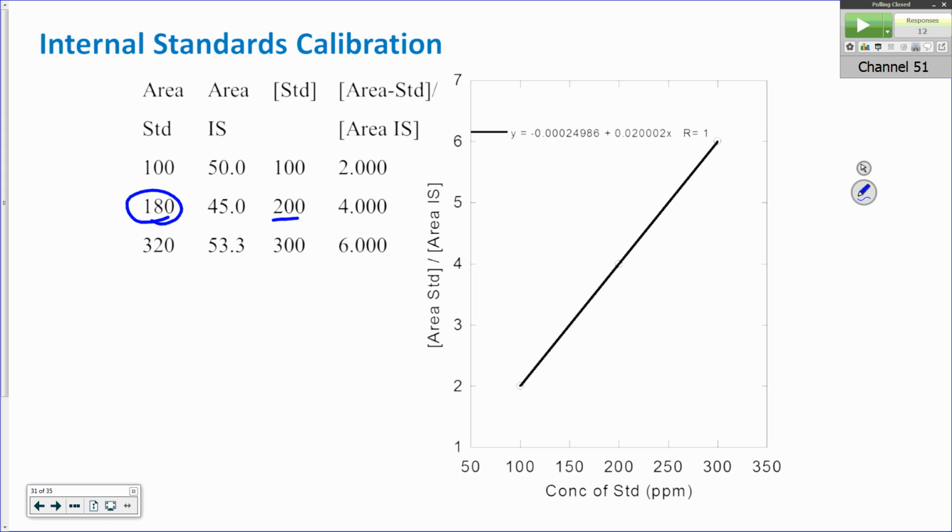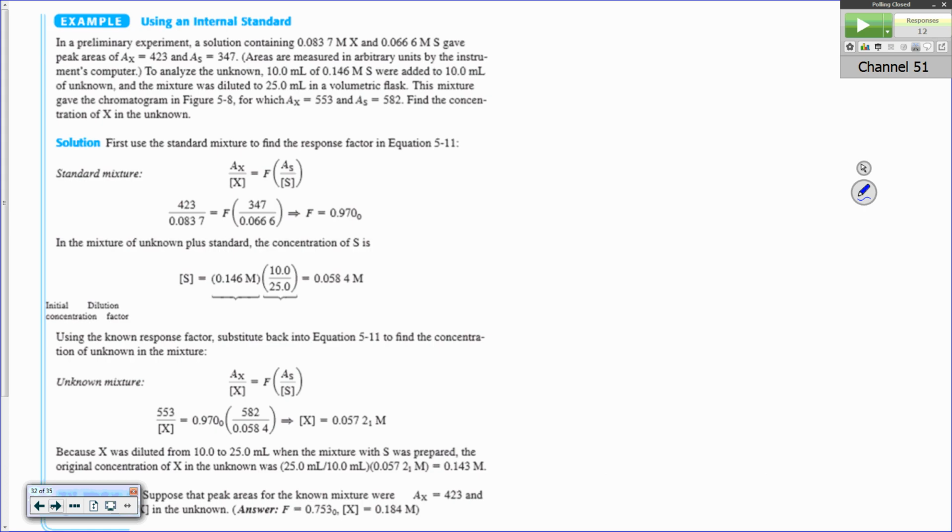But it ended up only being a signal of 180. The internal standard signal should have been 50 throughout, but it went down as well. I looked at the ratio, it's 4. And the next one at 300, it should have been a 300 signal, and this still should have been 50. I injected a little bit too much. They're not huge, but if I look at my calibration curve from this, it's perfectly linear. Correlation coefficient of 1. That's how it works with multiple points.